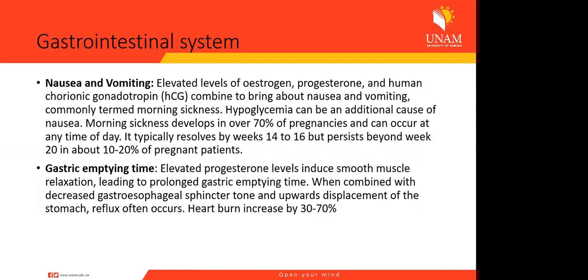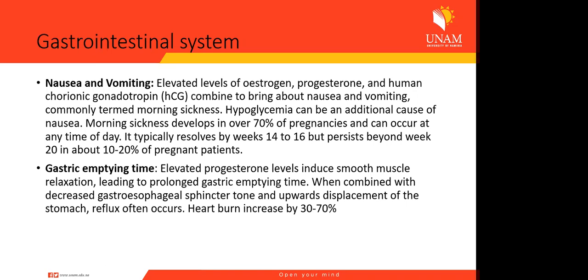In the gastrointestinal system, the elevated levels of estrogen, progesterone, and HCG combine to bring about nausea and vomiting. And this is what we normally call morning sickness. Don't forget also that because of the increased metabolic rate and reduction in blood sugar levels, you can also experience nausea.